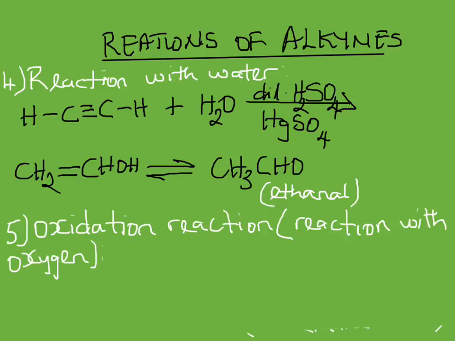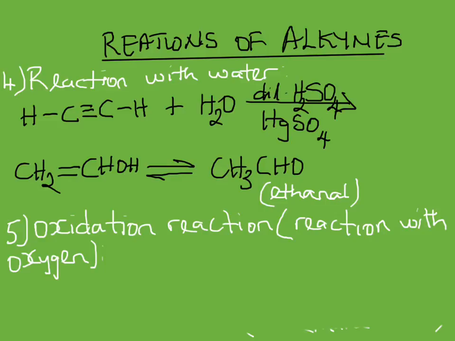We say in the hydration of ethyne, ethenol is first produced. As you can see from the reaction there, ethyne plus water in presence of dilute sulfuric acid and mercury sulfate as catalyst is going to give us ethenol. This ethenol undergoes rearrangement reaction to yield us ethanal. The ethenol and ethanal are in dynamic equilibrium, with the ethanal predominating.